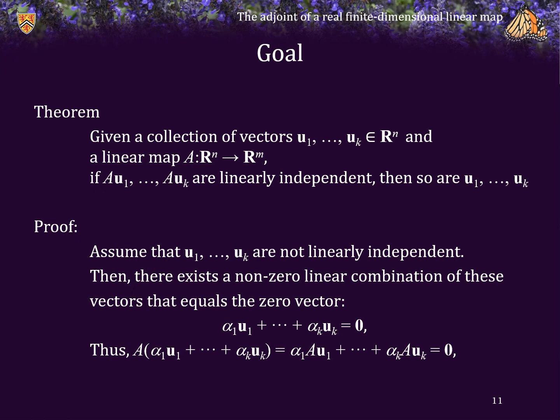Oops. Therefore, as a consequence, A u1 through A uk cannot be linearly independent. All right, so we showed that not y implies not x, therefore x implies y.